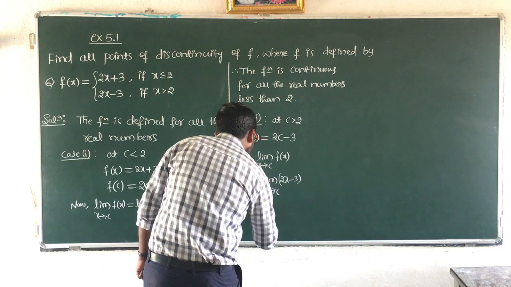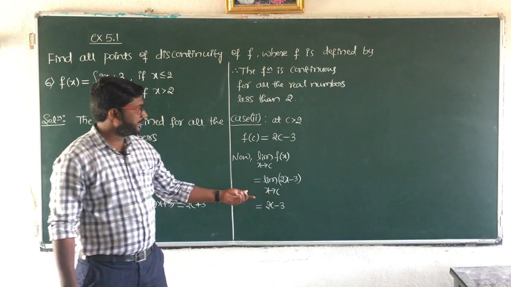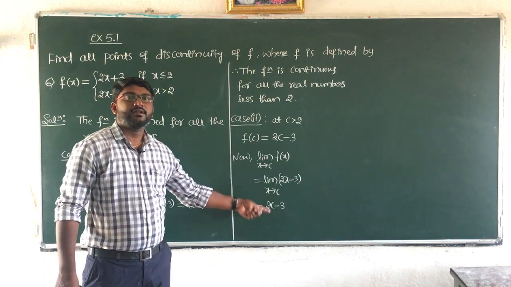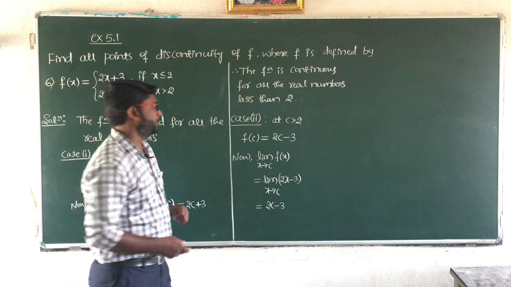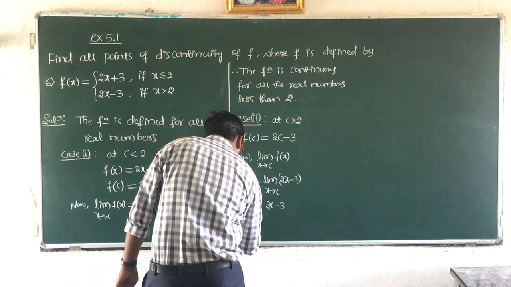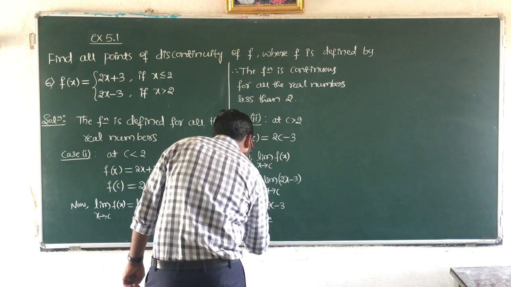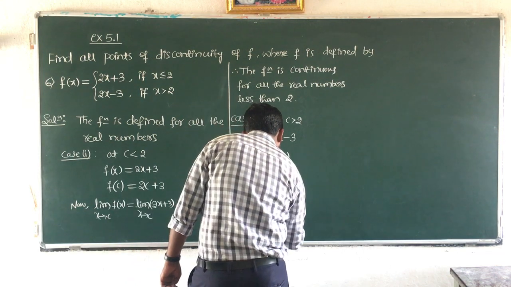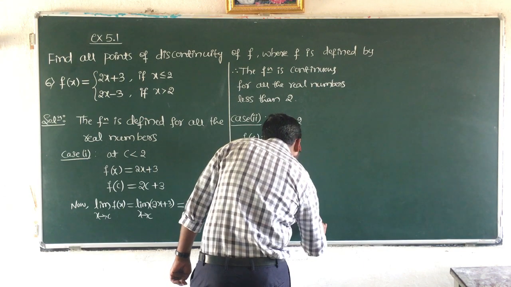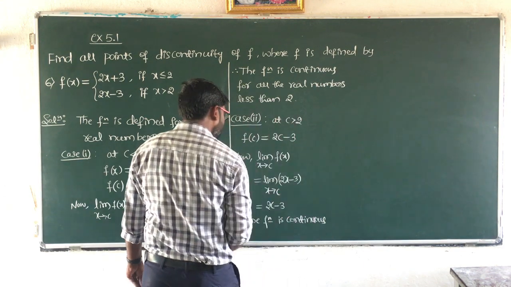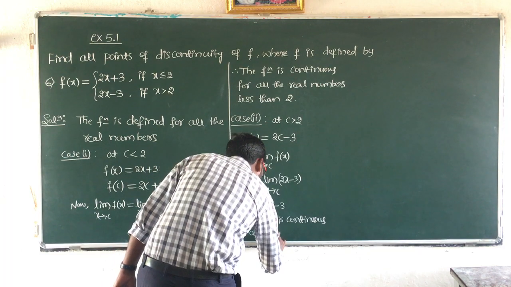Apply the limit now. We get 2c minus 3. So here again the value of the function and the limit of the function are the same. Hence the function is continuous for all the real numbers greater than 2. Therefore the function is continuous at c greater than 2.